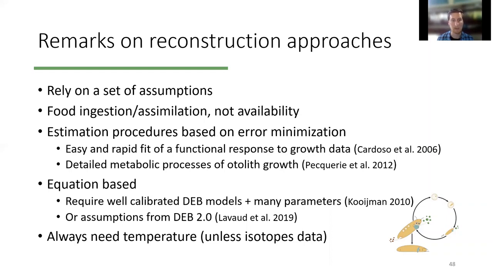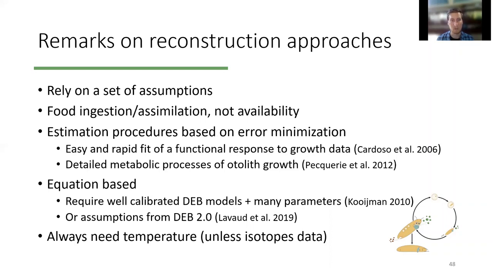The next thing is that, and I may have tripped through the words during this presentation, I apologize, but we here reconstruct mostly food ingestion and assimilation, not the actual food concentration in the environment or its availability.